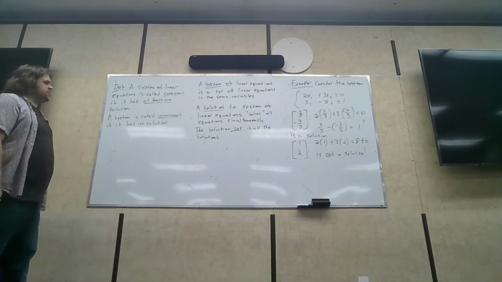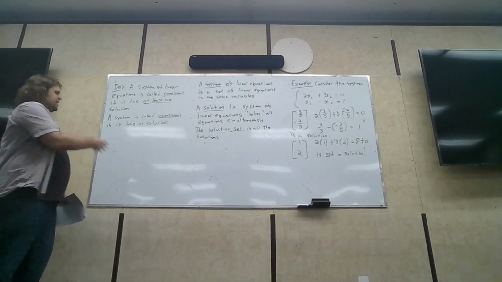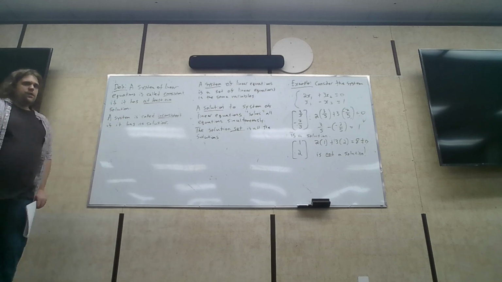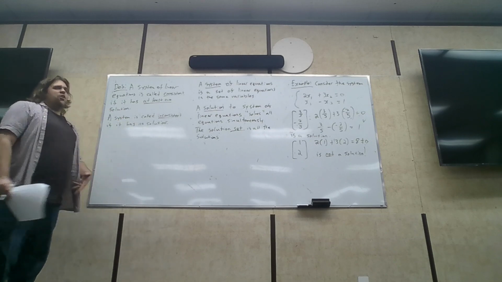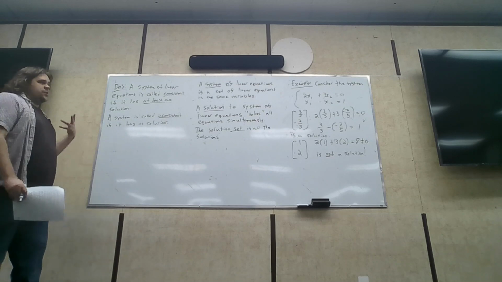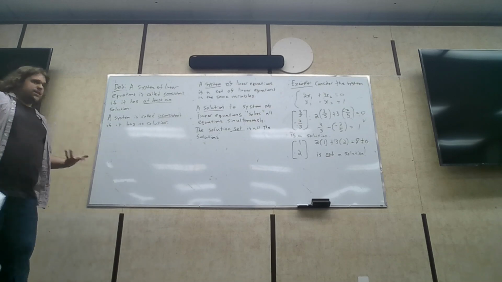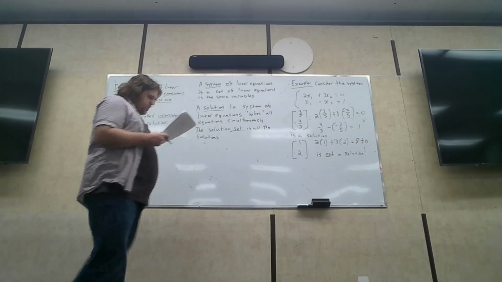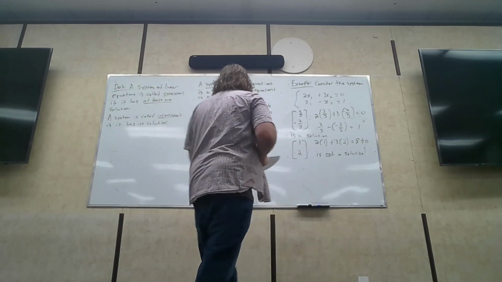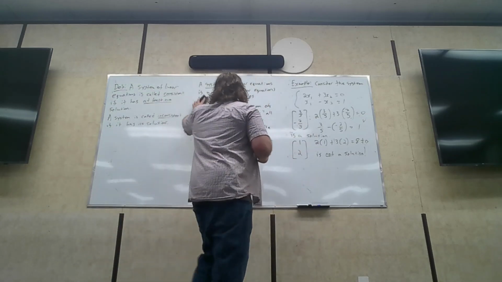It's called consistent. It just means at least one solution. Inconsistent means can't solve it, right? Again, not I can't solve it in the sense of I'm struggling to solve it. It means no, there's none. It's impossible. You can't solve it. So let's look at an example of one that has no solutions.